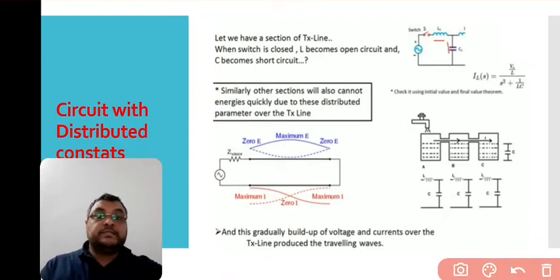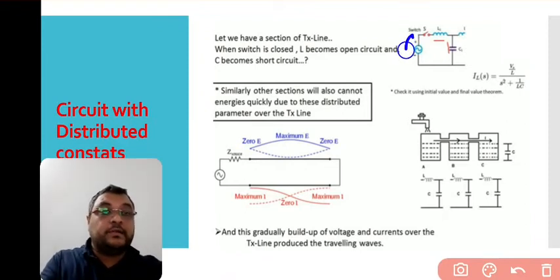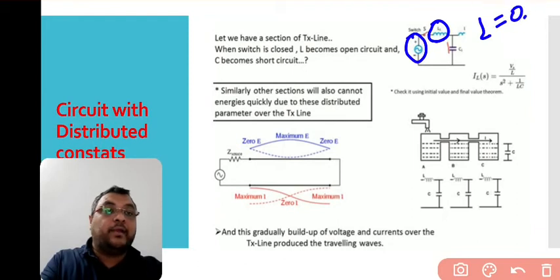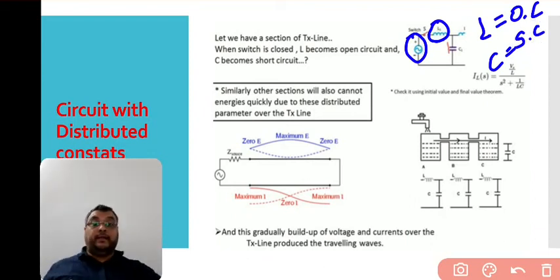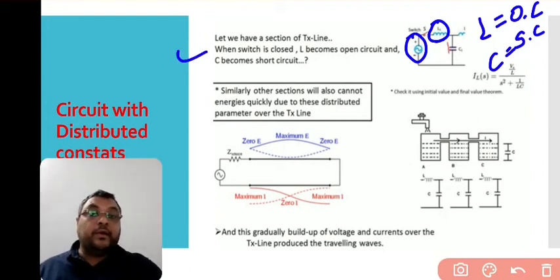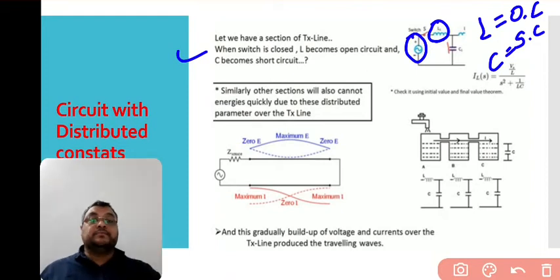Whenever we turn on the supply switch S, inductor L behaves like an open circuit and capacitor C behaves like a short circuit at the beginning. That is what is stated here: when the switch is closed, L becomes open circuited and C becomes short circuited.